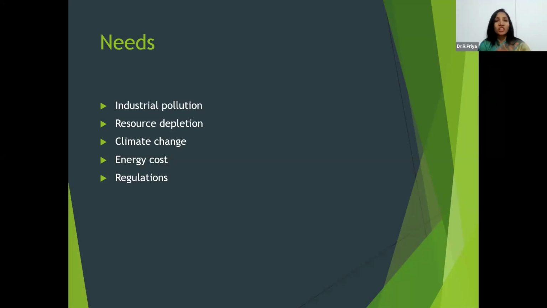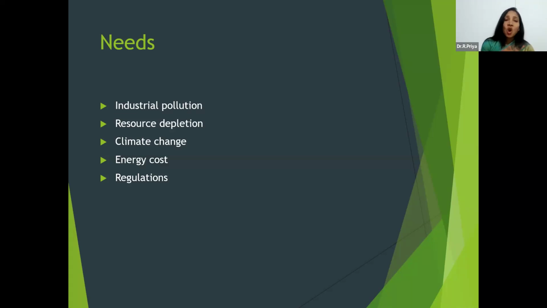Then climate change is driven mainly by greenhouse gas emissions from energy intensive industries. By improving energy efficiency and using cleaner technologies, manufacturing can significantly reduce its carbon footprint.